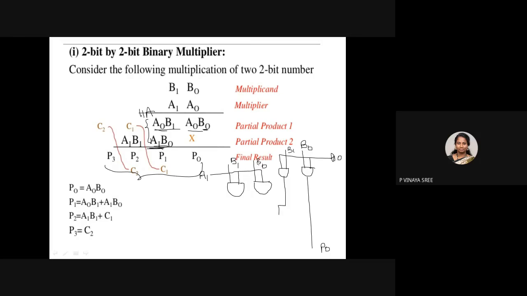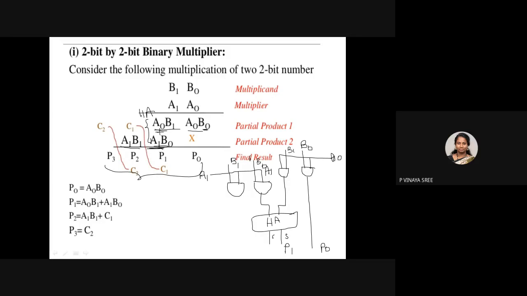So I need to connect these two to a half adder, and the output generated will be one sum and the other one carry. This sum I'm connecting to P1, and this carry. Next is what?